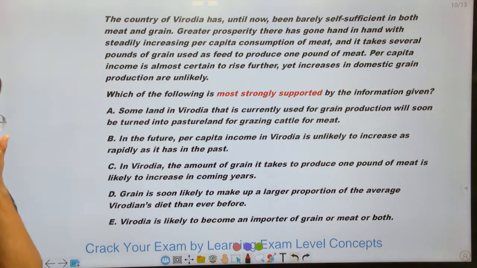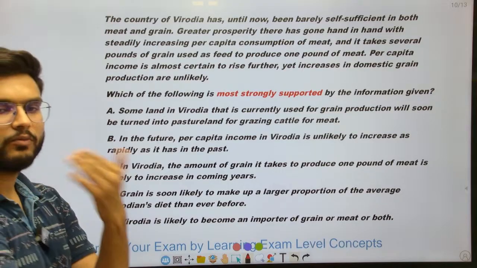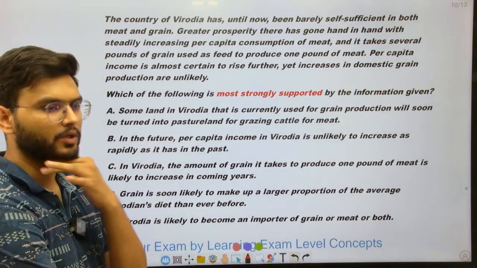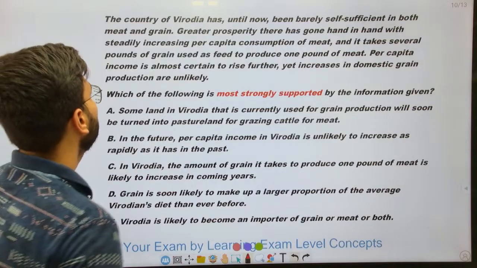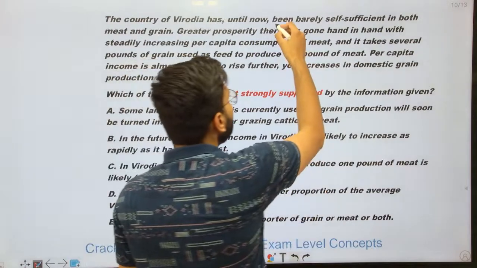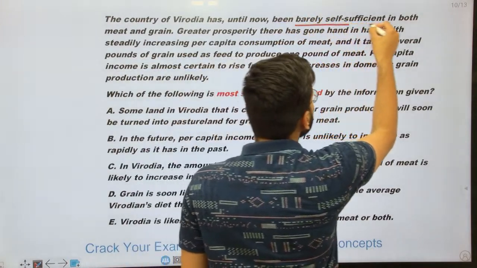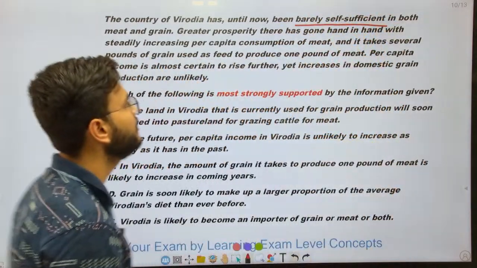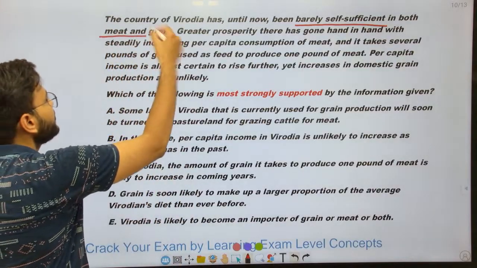What does the situation really impact, and what does it really teach? Look, here is the scenario. What is happening? We are talking about a country. We have seen that the country was barely self-sufficient in both meat and grain.